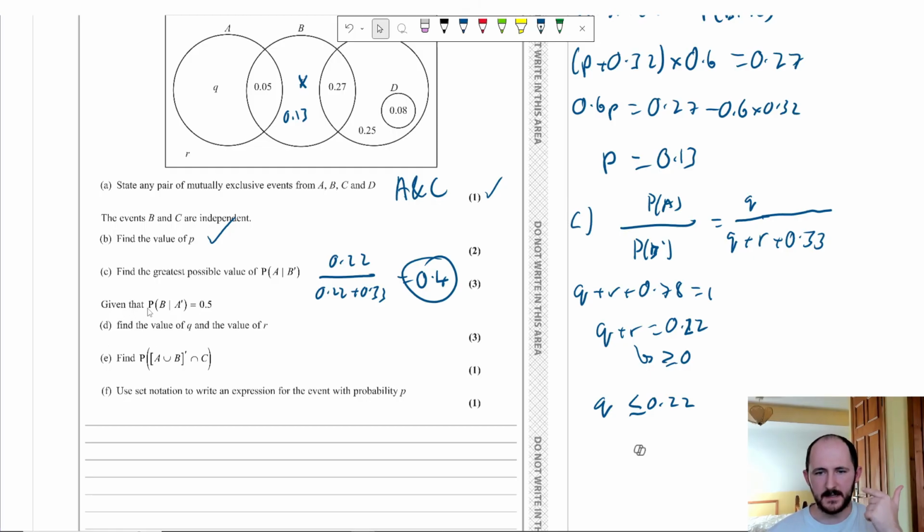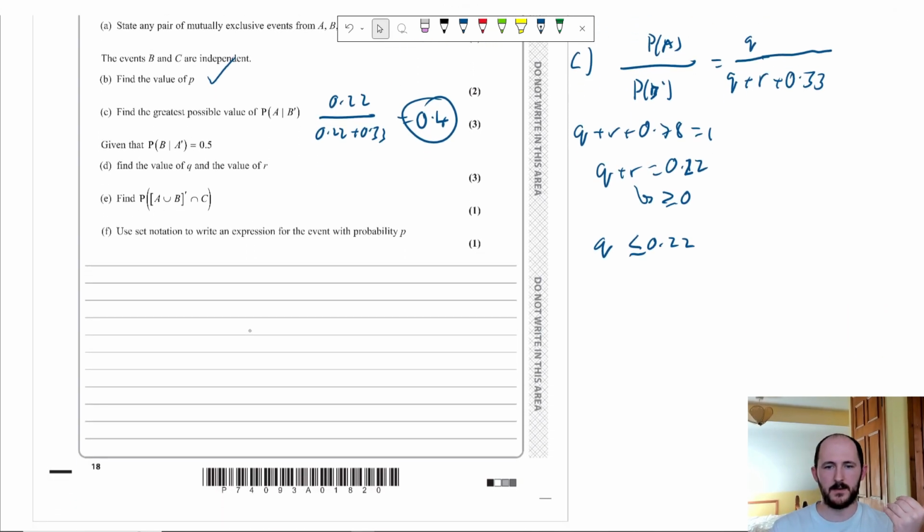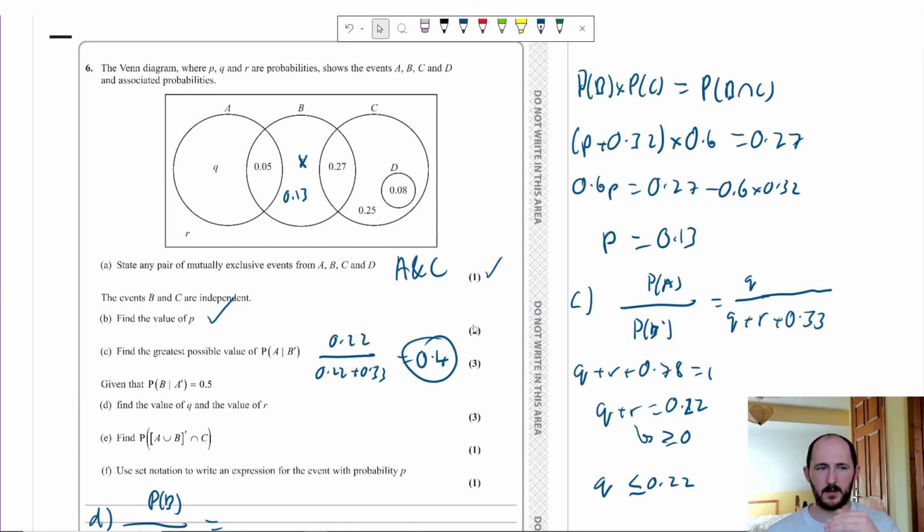Now it says, given that it's not A, the probability of B is equal to 0.5, find the value of Q and R. So again, we're going to do the exact same thing that we did before. We're going to use the fact that that would be the probability of B over the probability of not A. And again, when we do the probability of B, we're not going to include A in it.